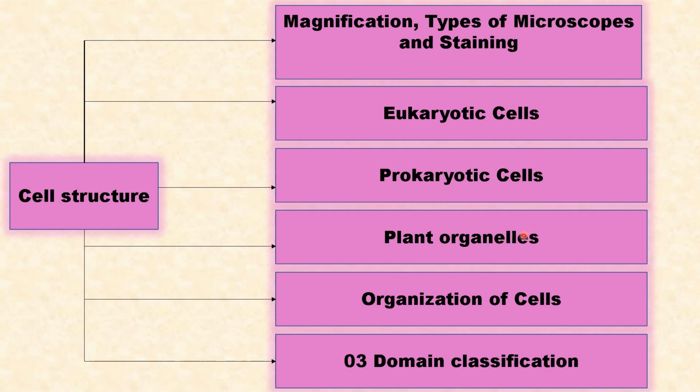Here you can see I've grouped both plant organelles and three-domain classification under cell structure to keep things simple. Today, we'll be discussing questions on magnification from 2019 to 2024.